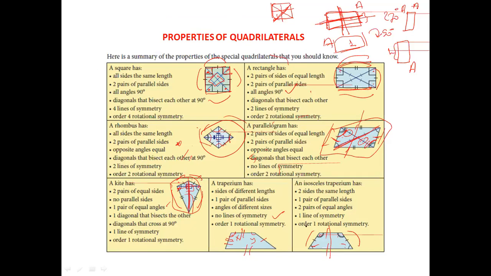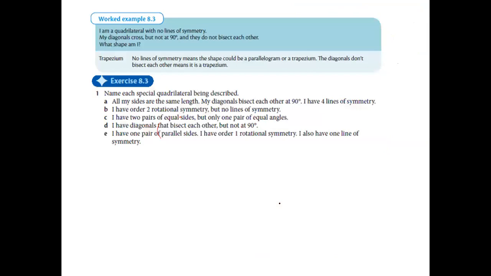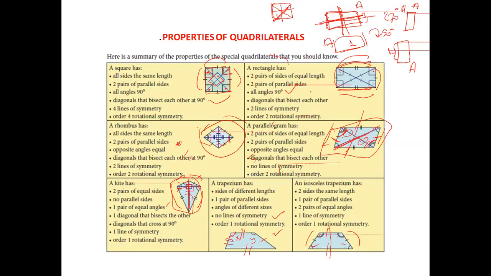In the isosceles trapezoid, one line of symmetry. The parallelogram has no line of symmetry, but it has order two rotational symmetry, while here it is order one. If you read the question carefully, you will see my diagonals cross, but not at 90 degrees.